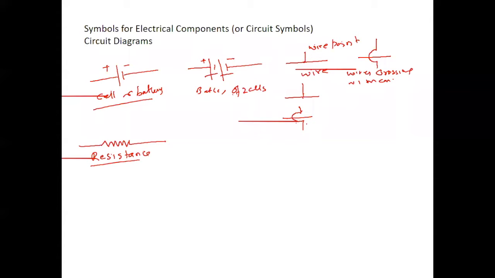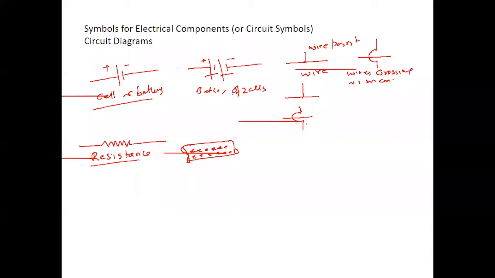Actually, what is the resistance? Resistance is resistance to the flow of the current. Why? Suppose this is your wire. Okay, we know that when we connect with the battery, these electrons flow in the same direction from higher to lower potential.